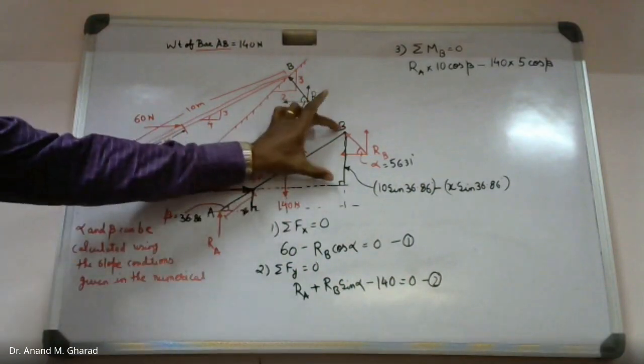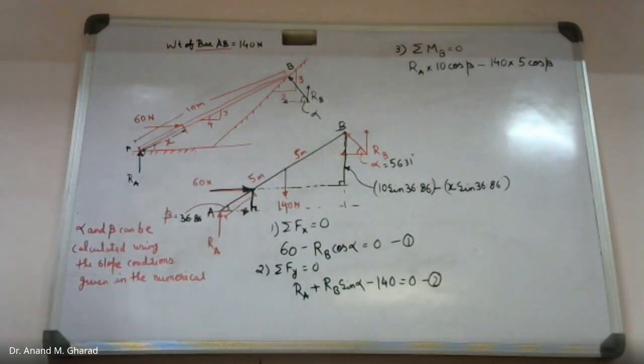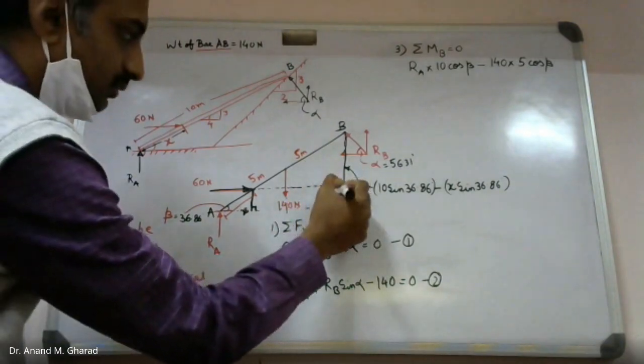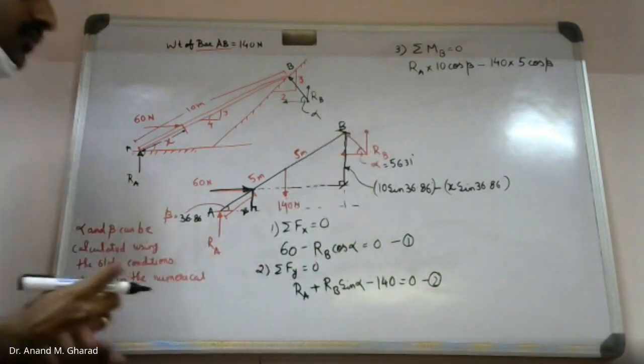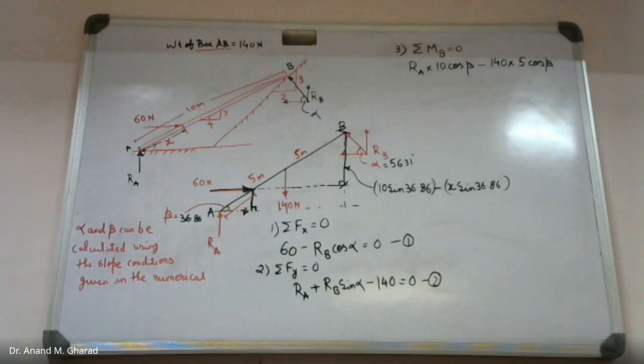I am finding out this much distance. Is this okay? I am finding out only this much, 1.203. And what about this one? Is this okay or not? Yes, sir.